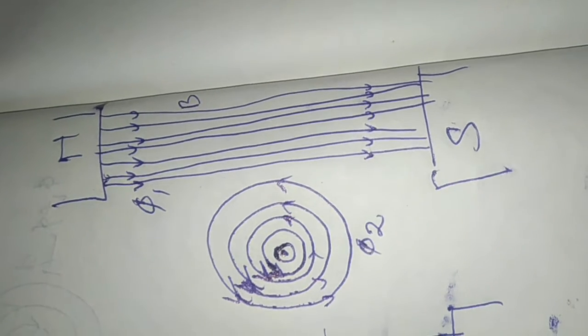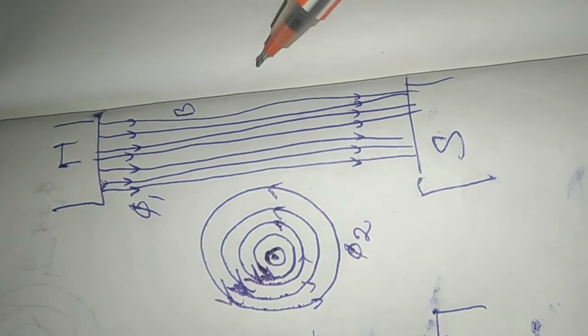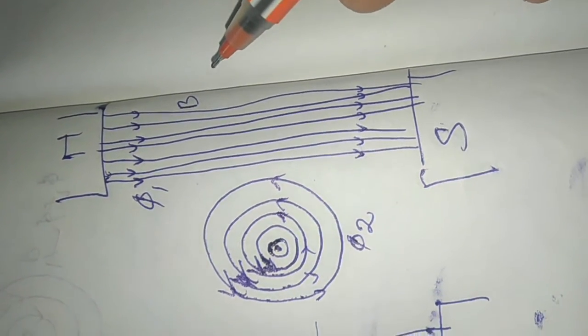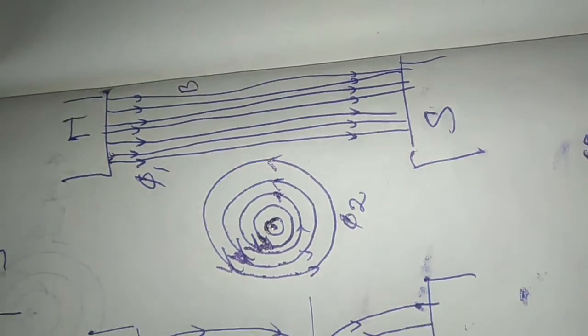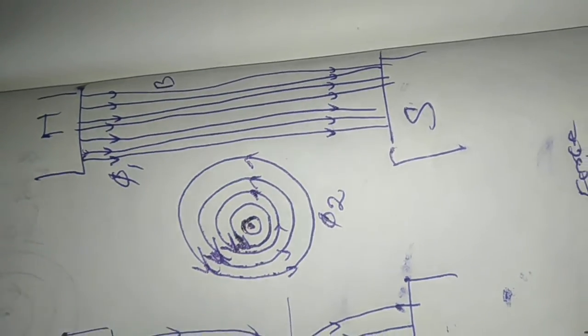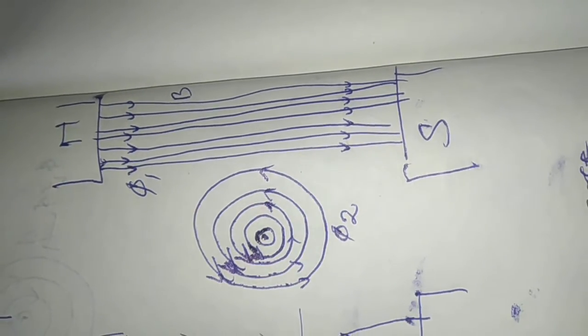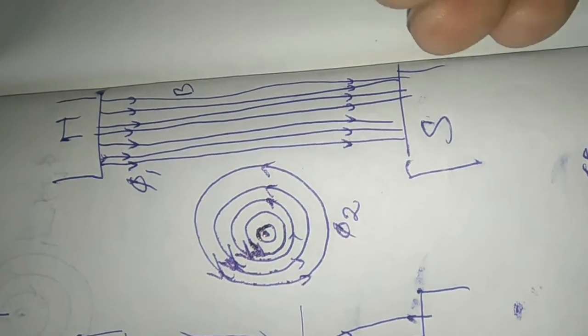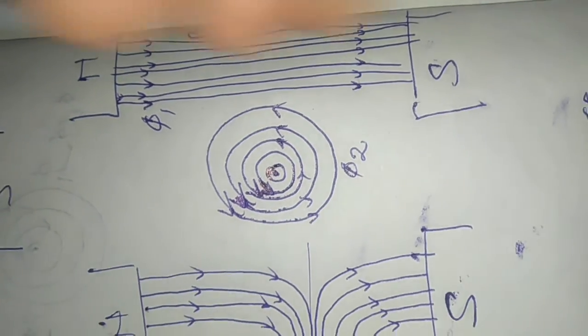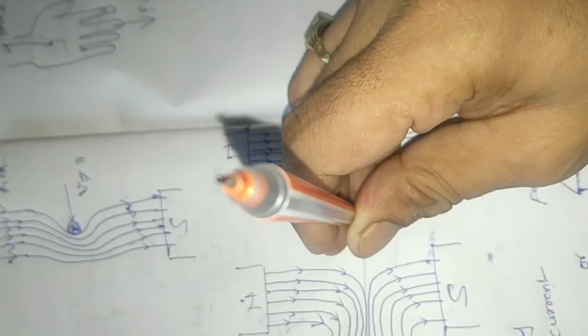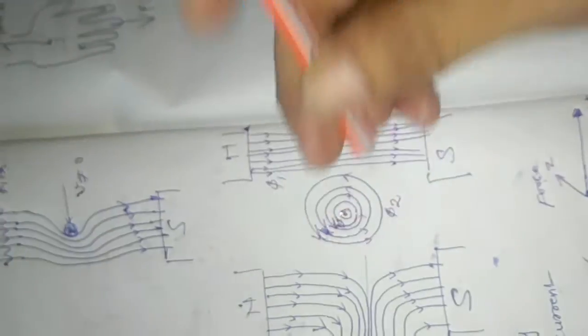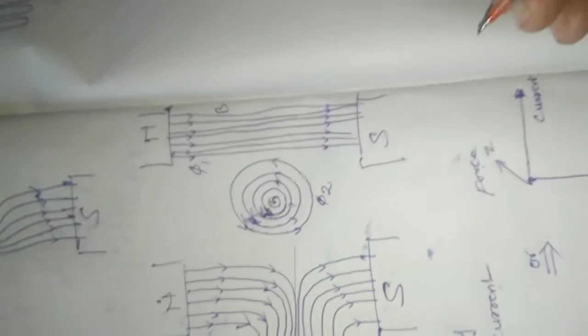And this is the magnetic field intensity, field flux intensity B. So in this way we can see that forcing the conductor in this direction has set up a current upwards in this direction, and the field is in this direction.